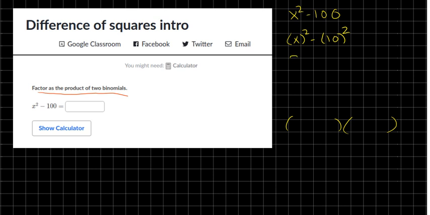And then I can see that's in this form. So my a is x and my b is 10, and I want it to look like a plus b times a minus b, and so that's going to be x plus 10 and x minus 10.